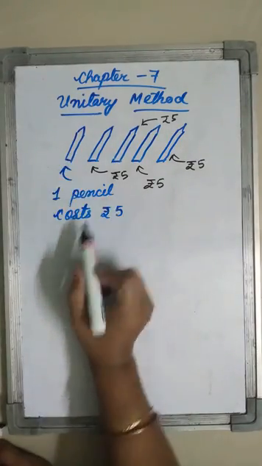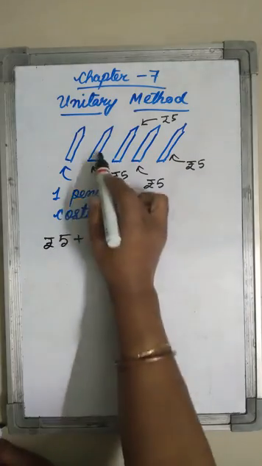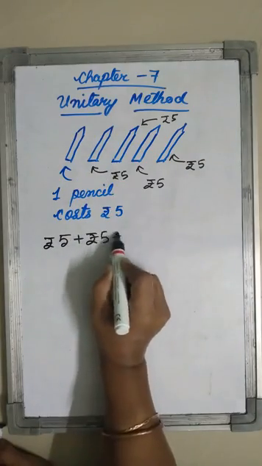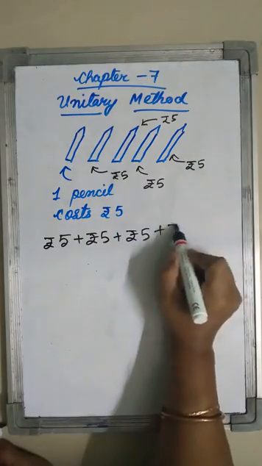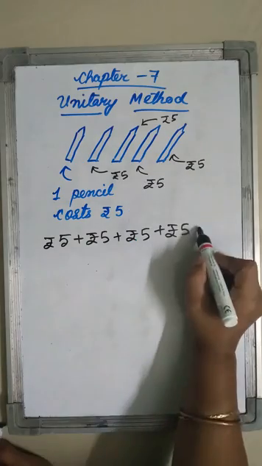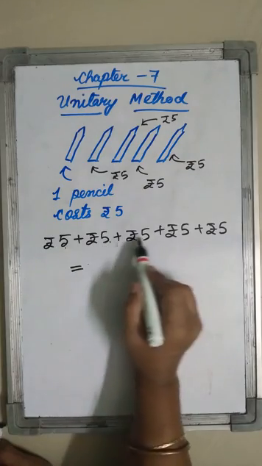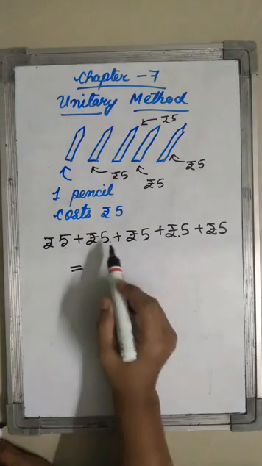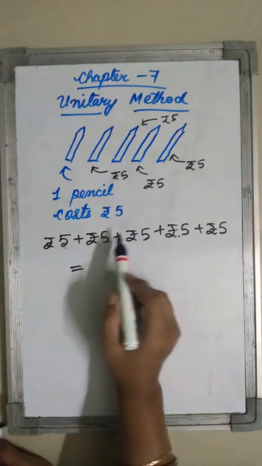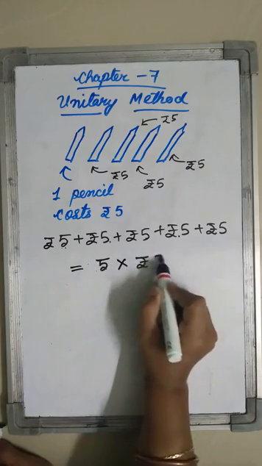For this rupees 5, for this rupees 5, same way for this rupees 5, for this rupees 5, for this rupees 5. How many 5s? 1, 2, 3, 4, 5. You know that multiplication is repetitive addition. So we are adding 5 fives.